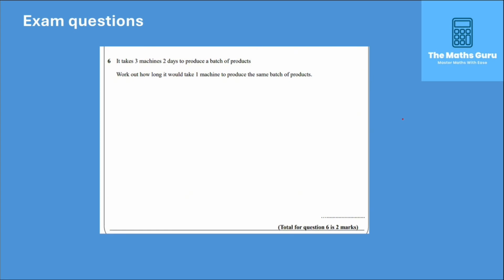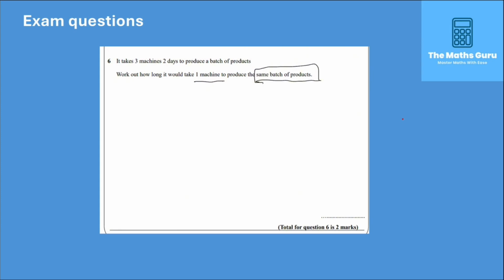And as you can see, it tells us to work out how long it would take one machine to produce the same batch of products. Hence, we can call this an inverse proportional question, as you'd expect, and we know that as the number of machines increase, the time taken to produce the same amount will decrease, and vice versa. If we were to decrease the machines, we'd likely expect that the days taken would increase.